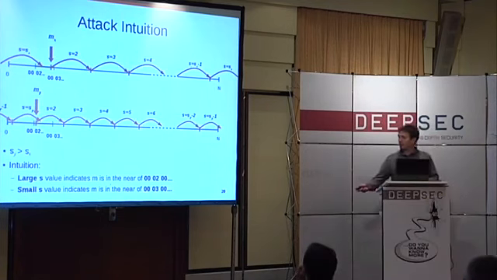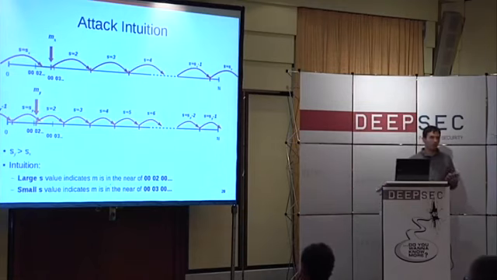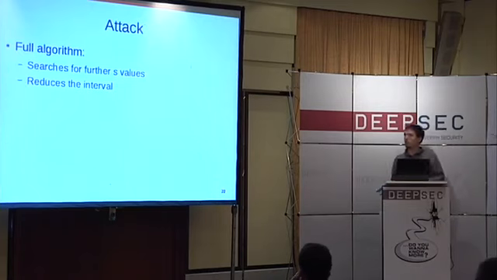Otherwise, if there was a large value, then he knows that the value was somewhere here in the near of 0002. This is just intuition behind this attack. And the full algorithm searches for further s values and reduces the interval.